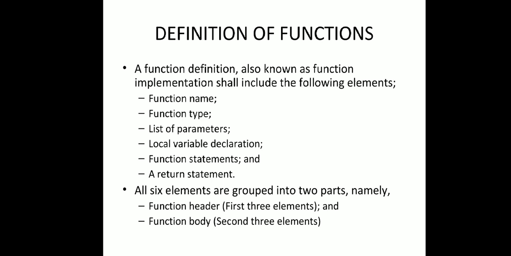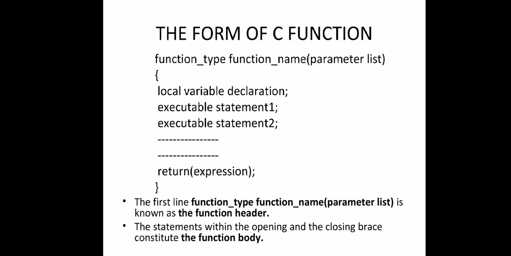So let's see the syntax. This is the basic structure or basic form of C function. Function type, function name and parameter list. In that, parameter list should be inside the pair of parentheses. So inside the pair of braces we have local variable declaration, then statements, finally we have return expression. So these statements can be one statement or collection of multiple statements.